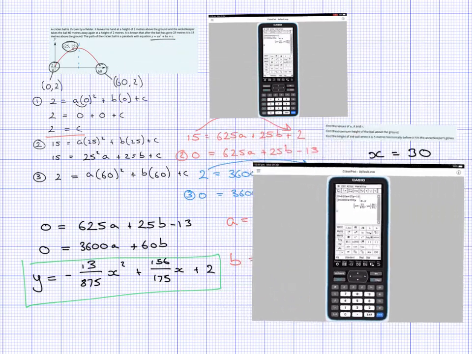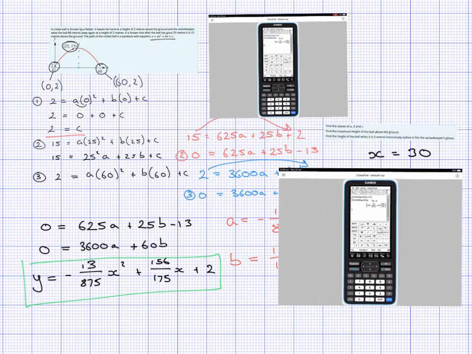You'll see it pop up on your screen. We'll just have a quick look at it. So I've just gone to the calculator, I've typed in y equals, I've used my a value with the fraction button, and I've used, instead of x squared, I've used 30 squared. The same with the b value and its x, and then the c value was just 2, so that was easy enough.